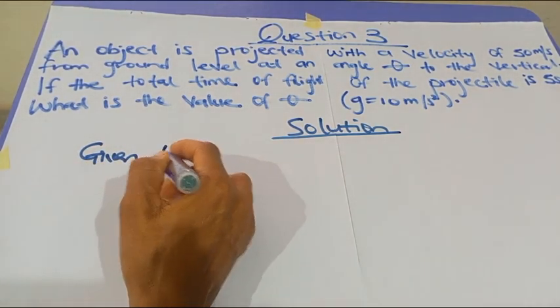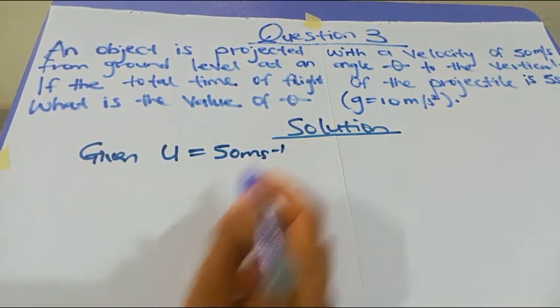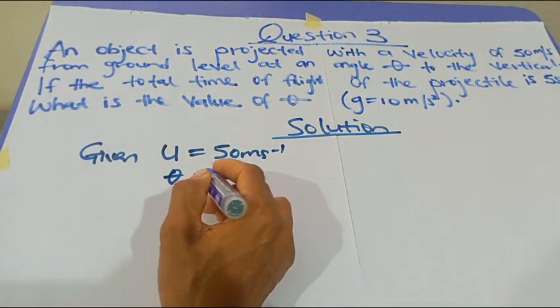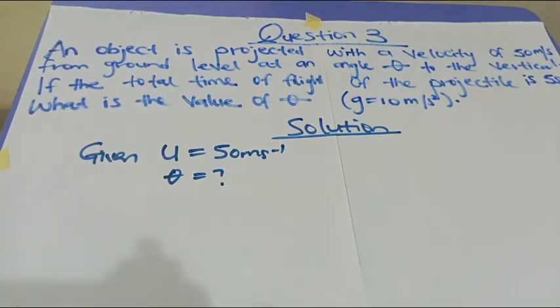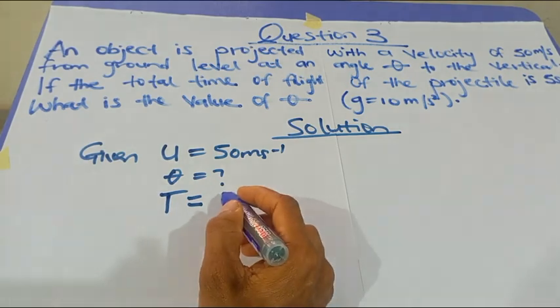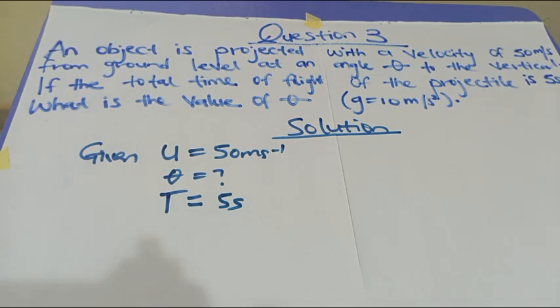We are given the velocity as 50 meters per second from ground level at an angle theta, which is what we are looking for. The total time t is equal to 5 seconds.